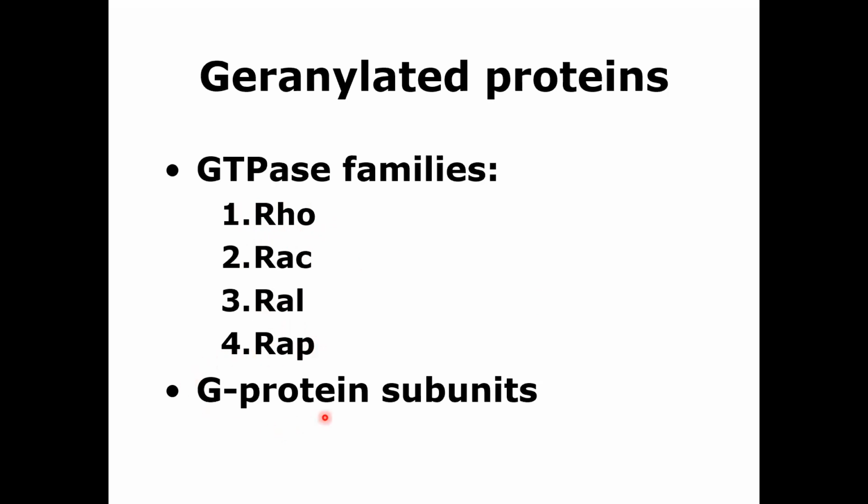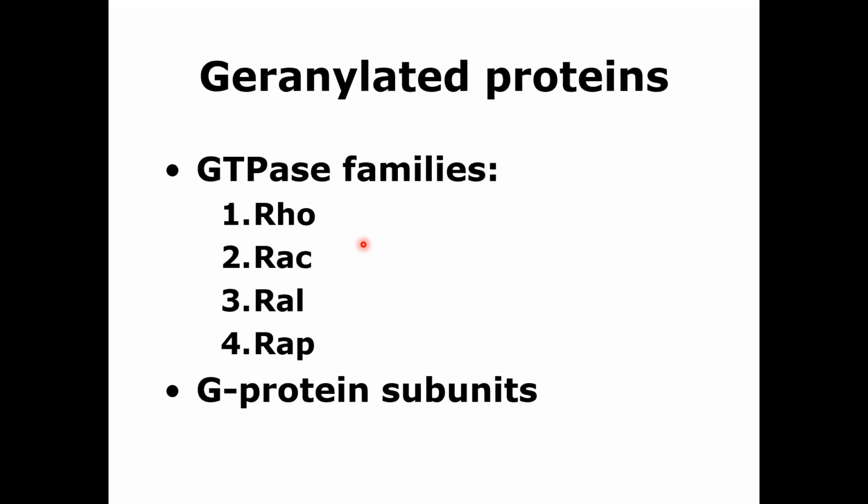We might create a small interfering RNA library to just knock down all the proteins that we found that had this CaaX motif and see how many targets we would get.